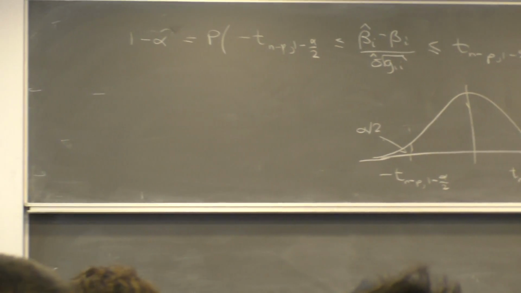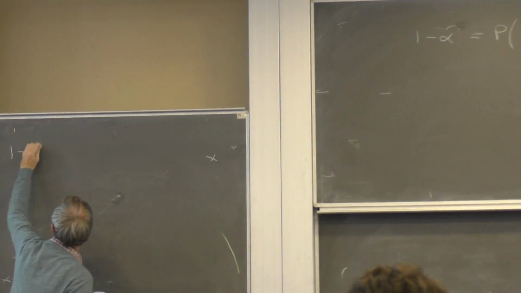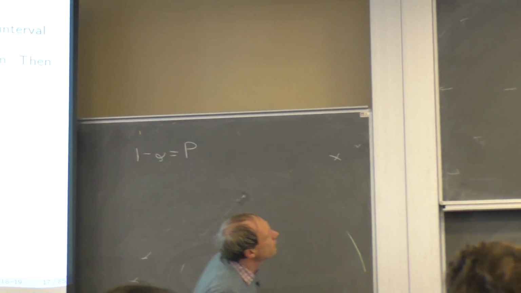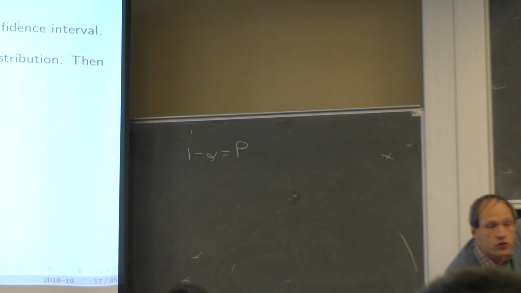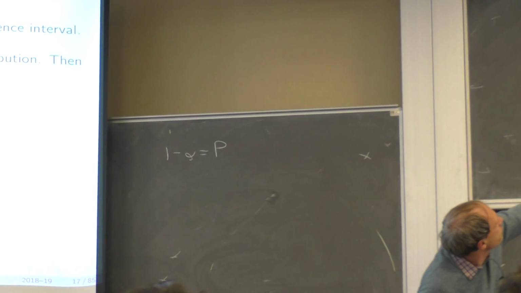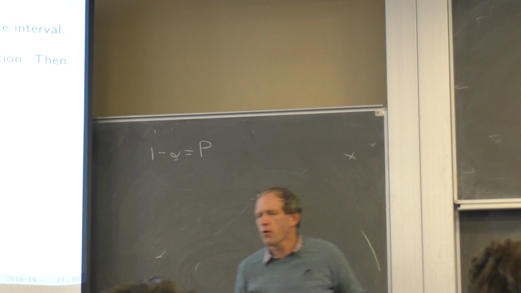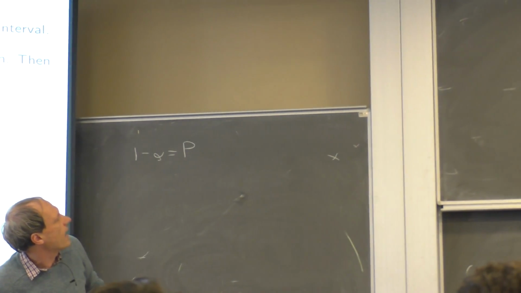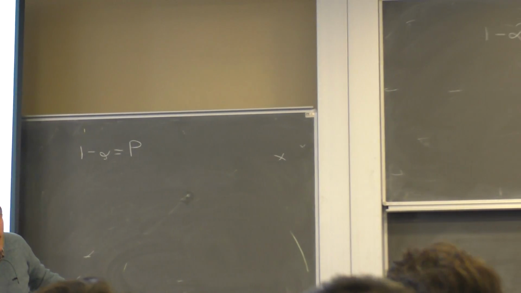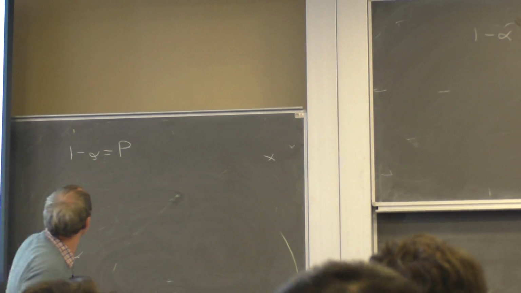So let's take that expression over there. We've got 1 minus alpha. Now I'm going to multiply top and bottom in the inequality by what's currently in the denominator, so sigma hat square root of g_ii. We're going to multiply through by that.